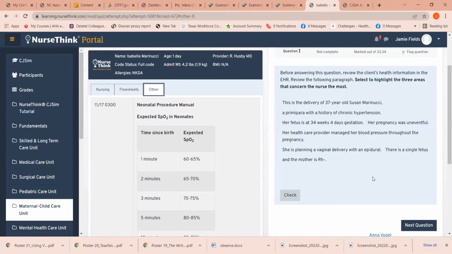What things do we want to highlight in this paragraph? Tell me what you want me to highlight.